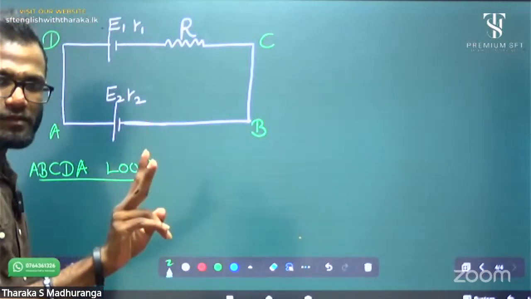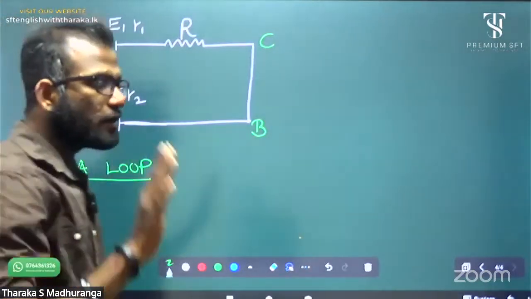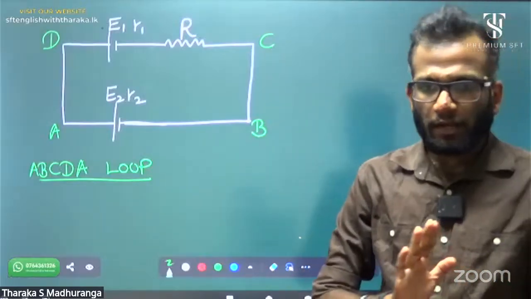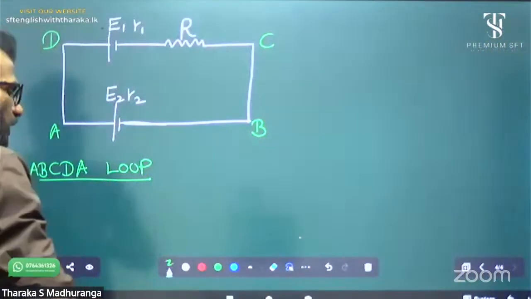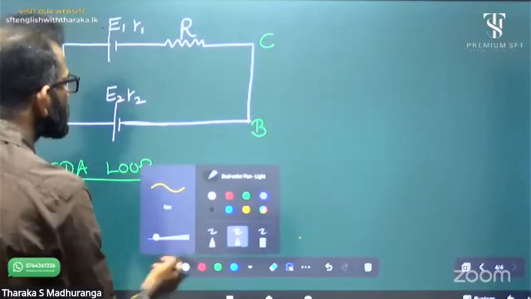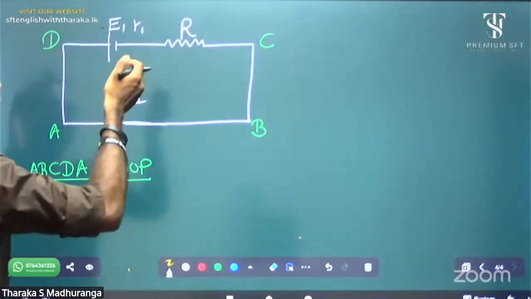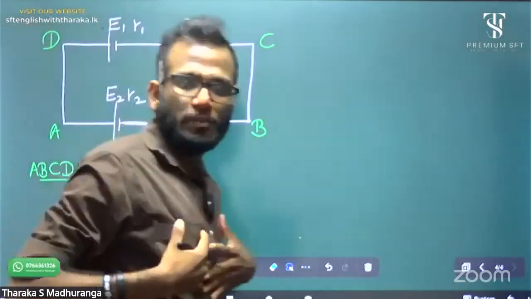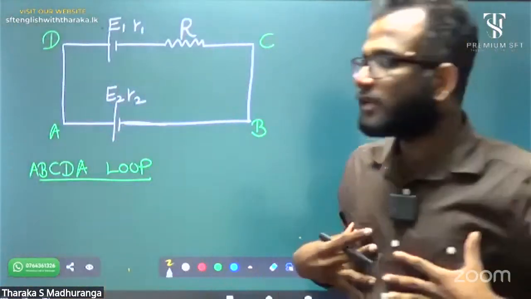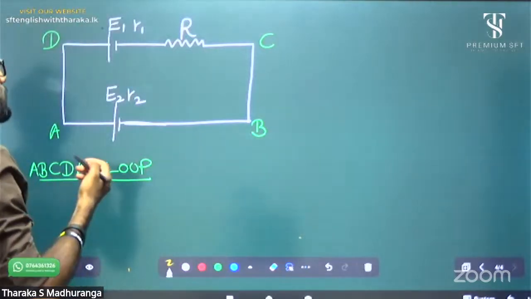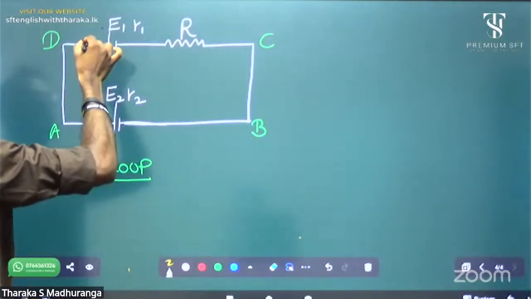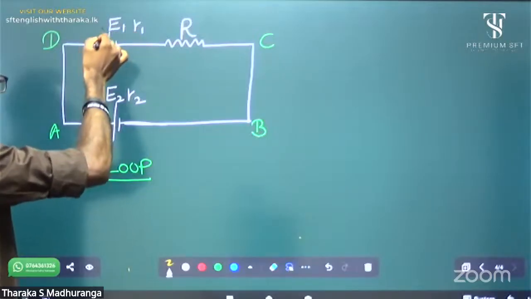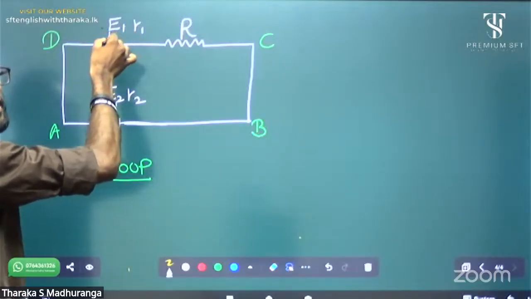My second step, I need to mark the current direction. I'm selecting yellow color. Now, two batteries; I don't know the direction, it's totally up to me. We can decide the current direction. I think this is the current direction. The current starts from this battery.